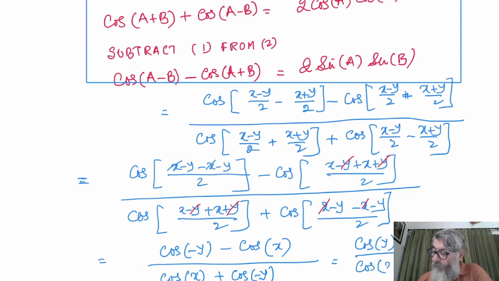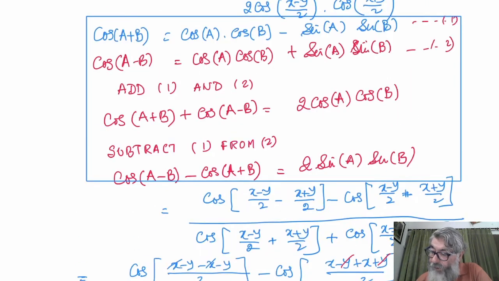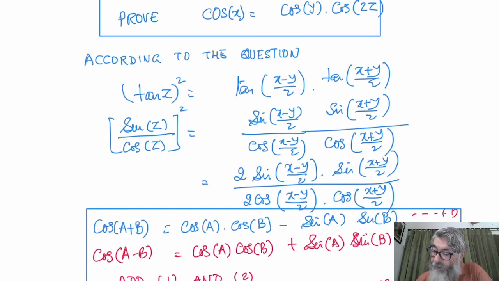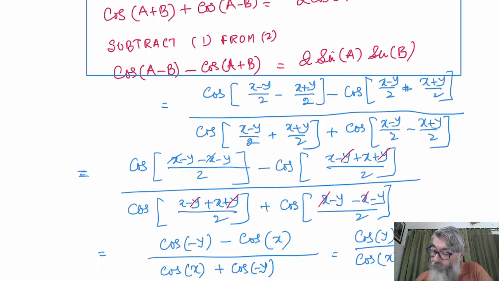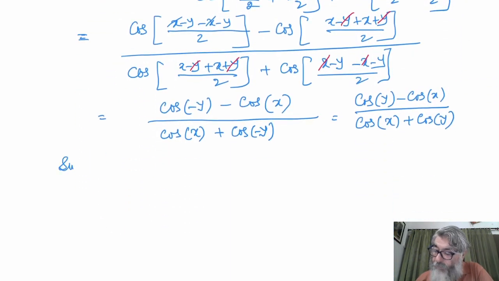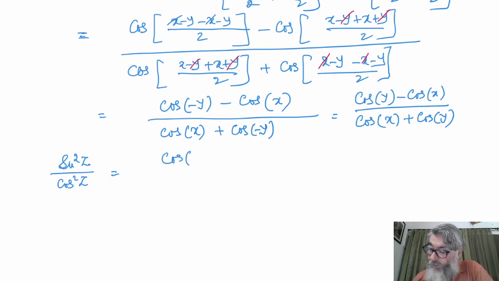And this was equal to sin square z upon cos square z, because it was tan square z. When we said GP, the middle term was tan z, so we took the square of that.